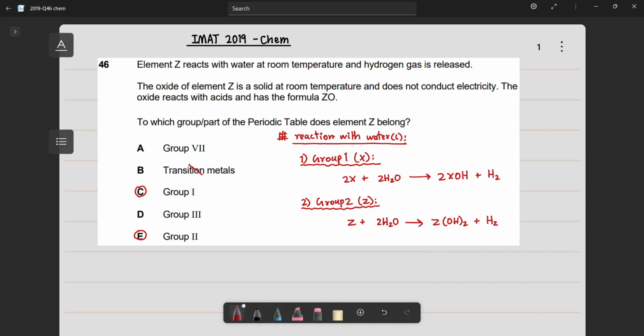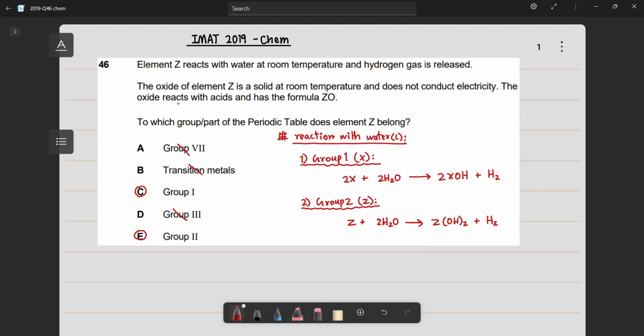Group 3 elements are amphoteric, meaning they can behave like acids or bases, whereas water is also amphoteric. But group 3 compounds like aluminium oxide are generally not reactive and are insoluble, so I'm going to ignore this one too. And the group 7 elements are also ignored right away.